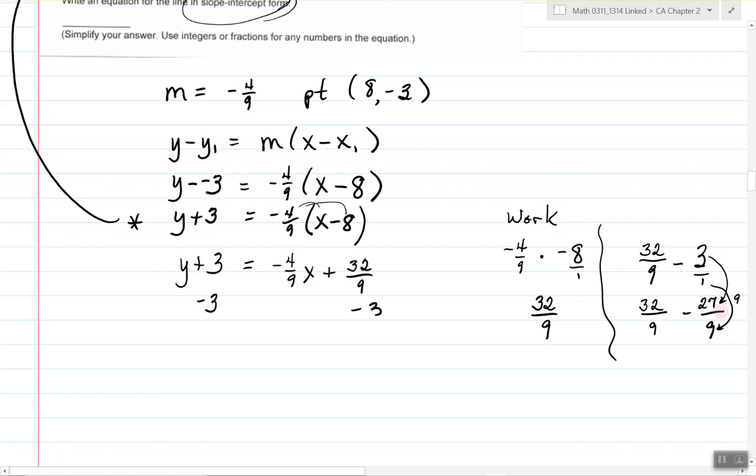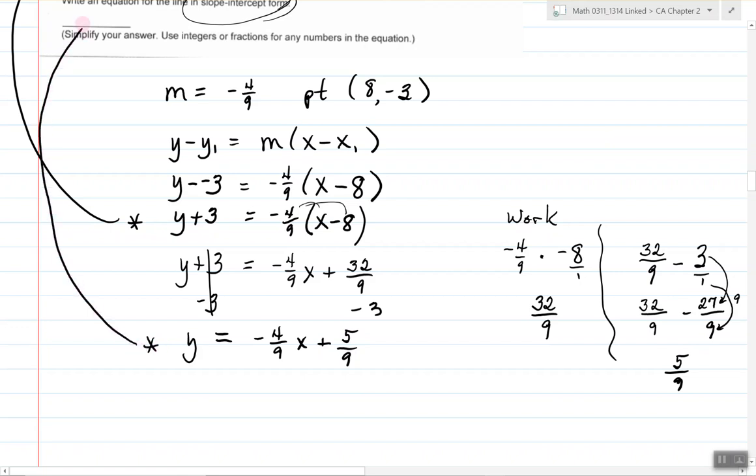So now subtract: 32 minus 27 gives us 5/9. So I have y is equal to -4/9 x plus 5/9. And that answer is slope-intercept form, and it goes right here.